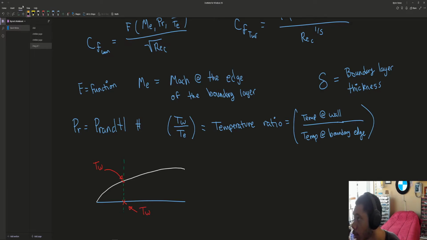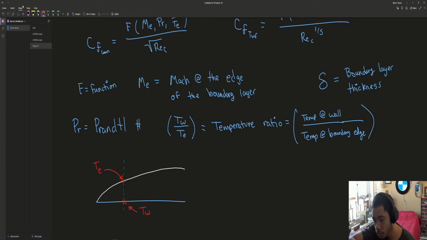Oh, I drew the wrong subscript. There we go. And these temperatures are going to be different. The temperature at the wall should be higher than the temperature at the edge of the boundary layer because of frictional effects. So that's what the temperature ratio refers to. And everything is a function of these. REC is the same thing as we talked about before.